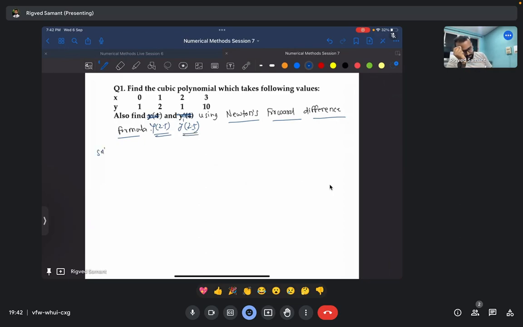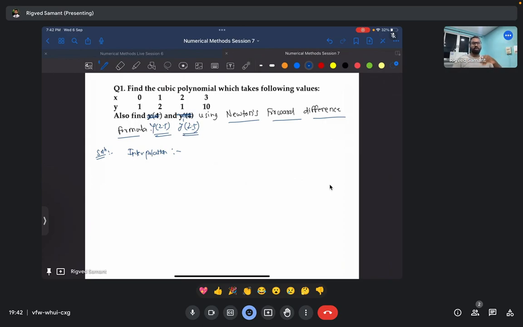Basically, interpolation means if you have some data set, let's say x1, x2, x3, x4, you have 4 values, you will find the function of x at such a value which is in between x1 to x4.